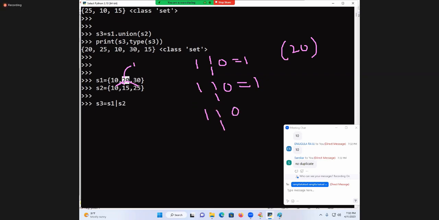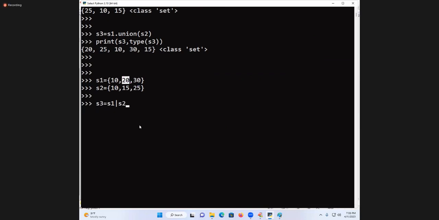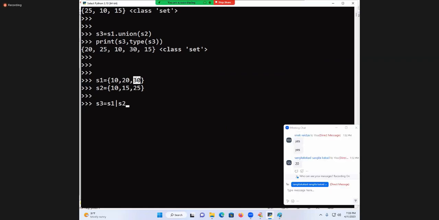What is the answer now? 0, which is called 1. 20 marked for selection or not? That also will be added to S3. Already S1 was containing 10, now 20 is also added. Next, coming to 30. 30 marked for selection. What is that? 1. Compared with what? 1 or 0?